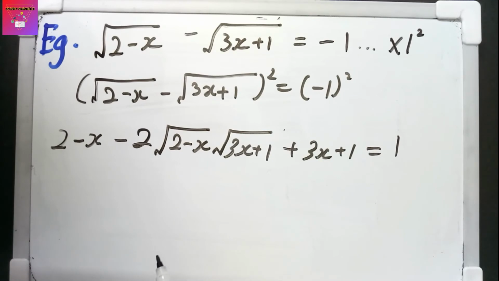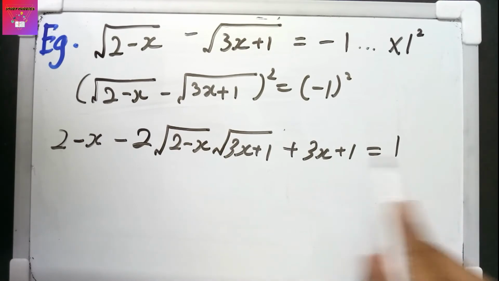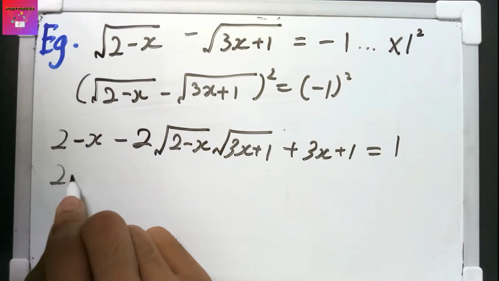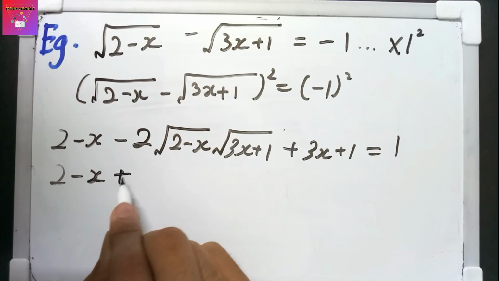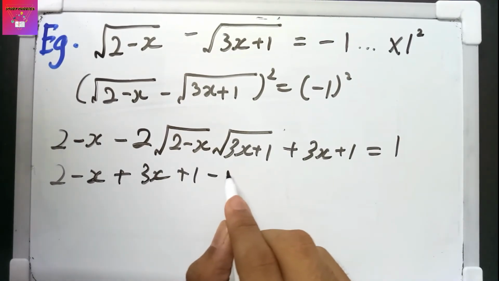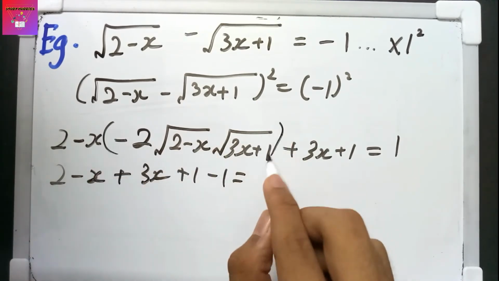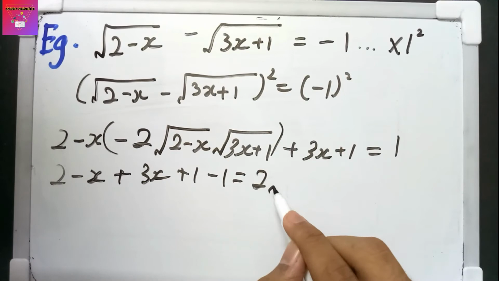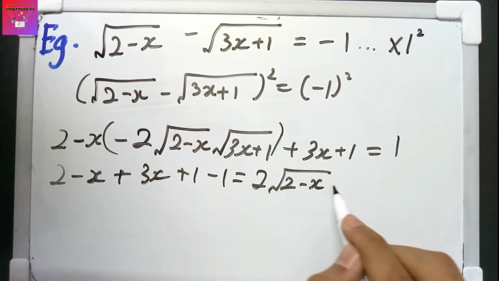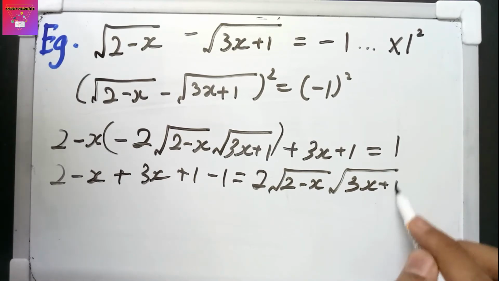Okay, so let's bring the surds to one side and let's bring the rational numbers to another side. So 2 minus x plus 3x plus 1, bringing this 1 to this side, it becomes minus 1, and bringing this whole thing to the right hand side produces 2 surd 2 minus x surd 3x plus 1.